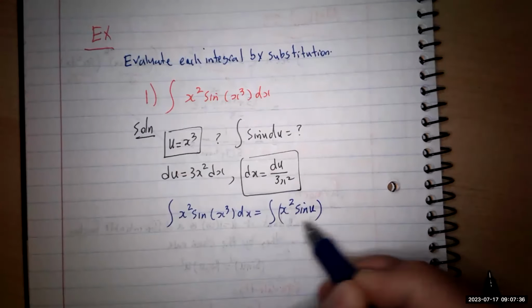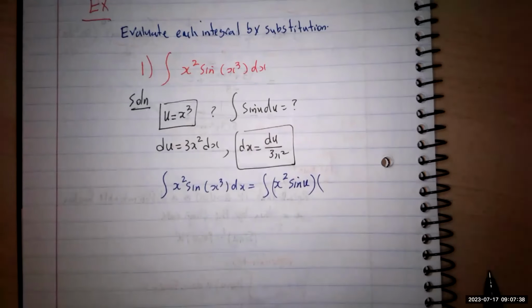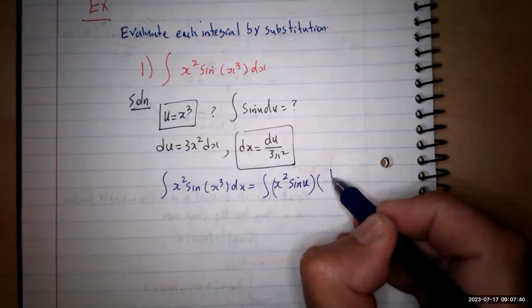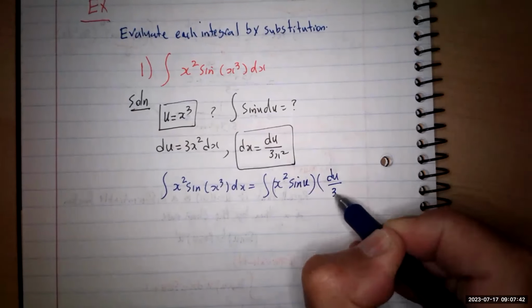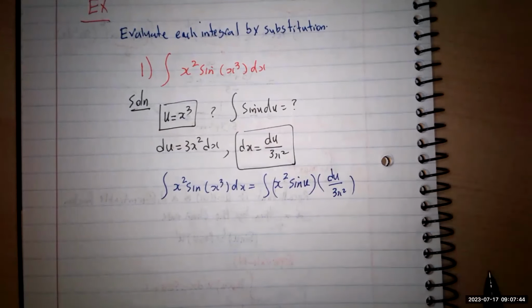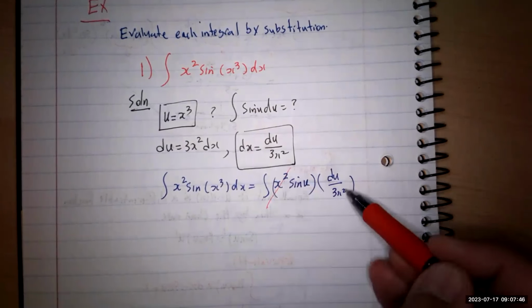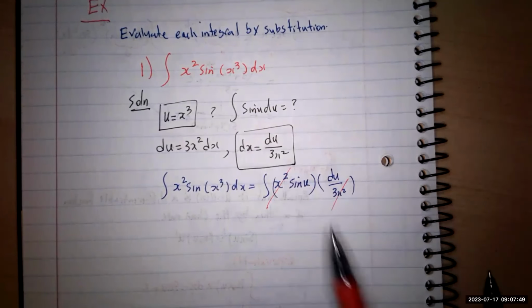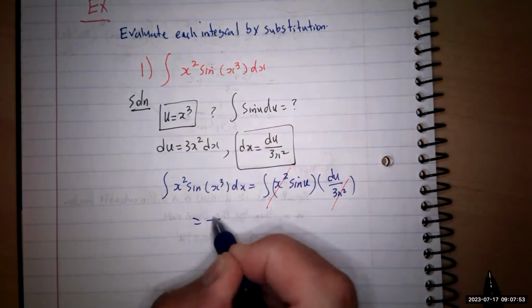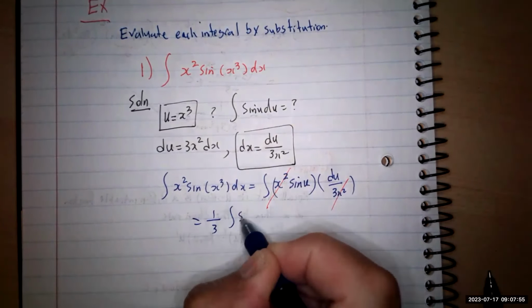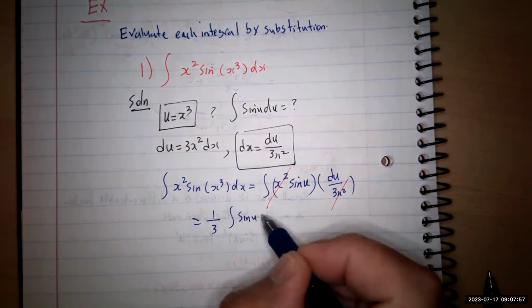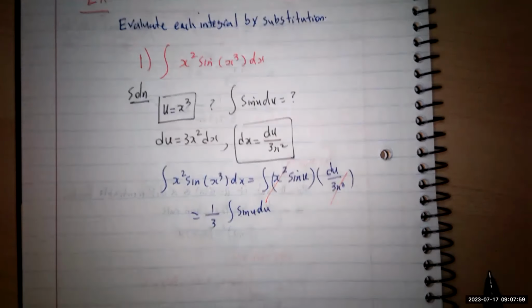But remember, you have to multiply by dx. What is dx? du over 3x squared. Now the x squared and x squared would cancel out. Left over is 1/3. So it's going to be 1/3 the integral of sine u du, as we predicted.